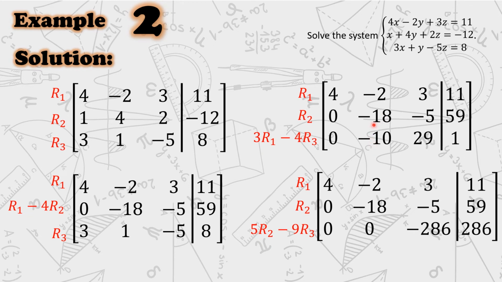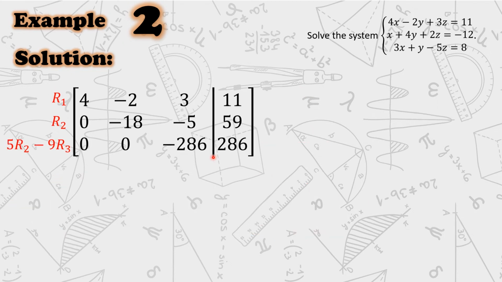So we have negative 90 minus negative 90, that will be 0. For the third column element in the third row, we have 5 times negative 5, that is negative 25, minus 9 times 29, we have negative 286. Third row element in the constant matrix, we have 5 times 59 minus 9 times 1, we have 286.